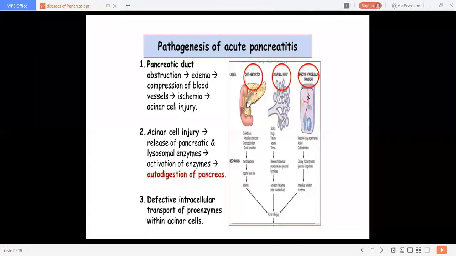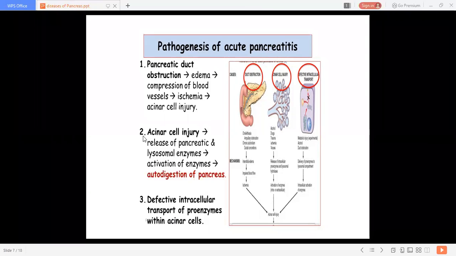We have seen in the first figure how gallstones get obstructed at the ampulla of Vater and cause inflammatory pathology in the pancreas. And third is defective intracellular transport of proenzymes within the acinar cells. These are the three conditions related with the pathogenesis that we are going to discuss in detail.